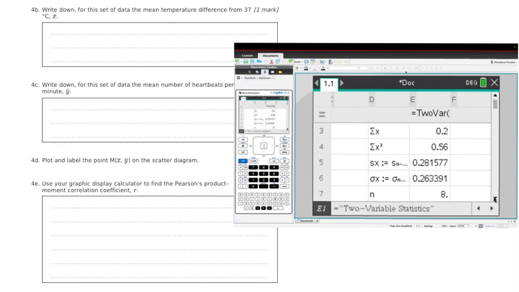We can go down. We've got Y bar is 74. And if we keep going down, we've got our R value, which is 0.086. So there is all the information we need to answer 4B, 4C, 4D, and 4E.